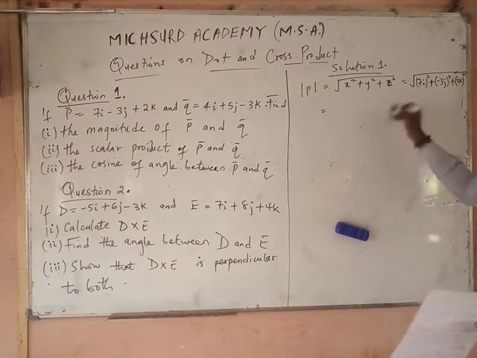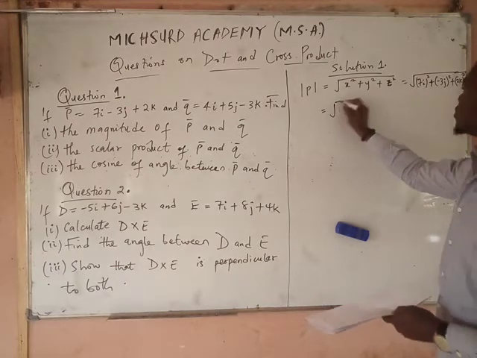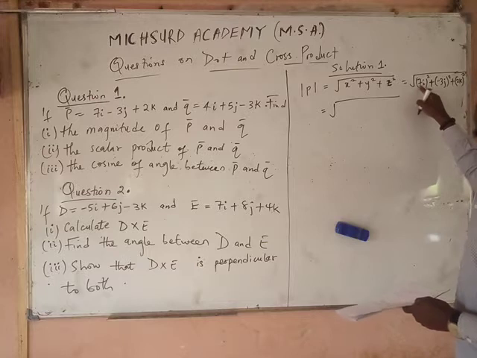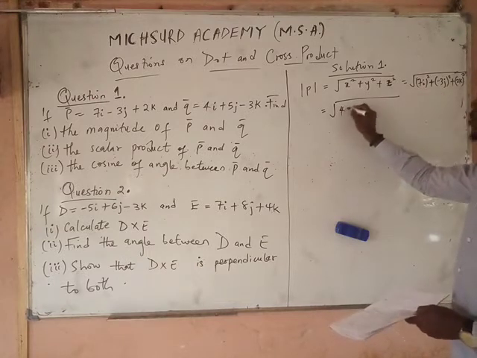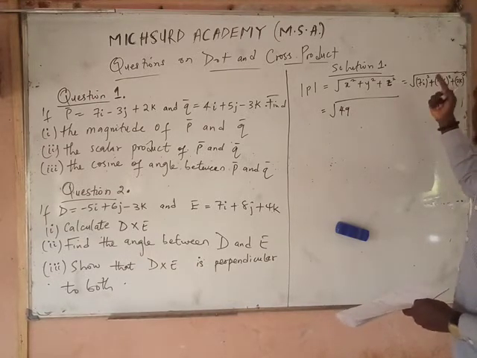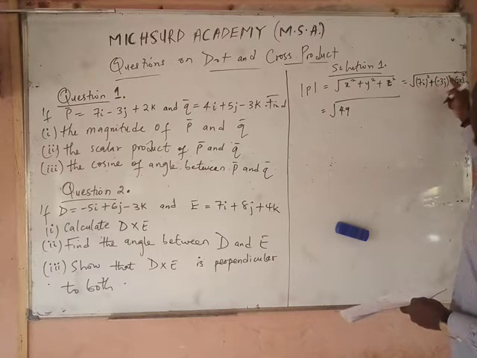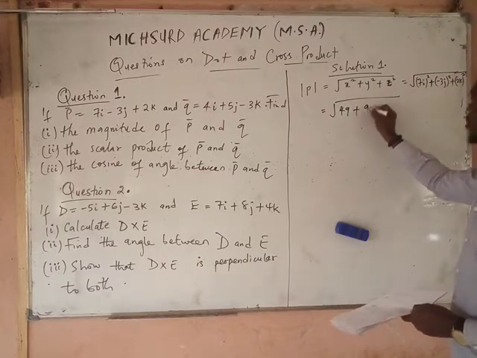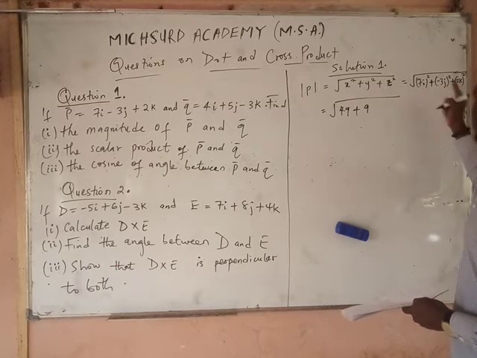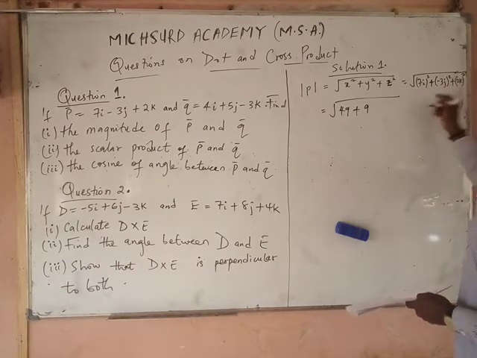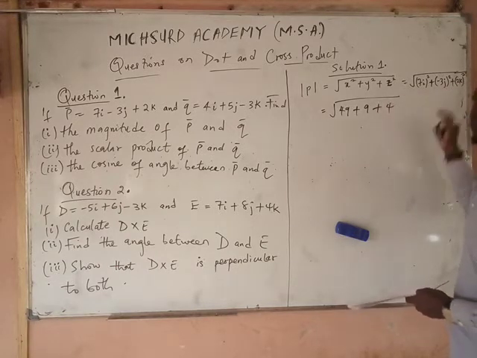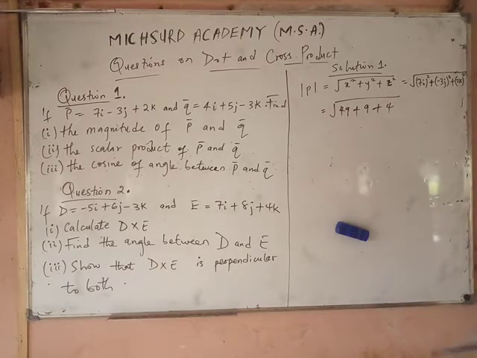So now when we do that, we have the square root of 7 times 7, which gives us 49, i dot i is 1, then minus 3 times minus 3 gives us positive 9, j dot j is 1, then 2 times 2 gives us 4, and of course k dot k is also 1.